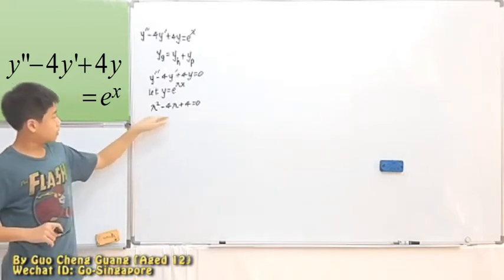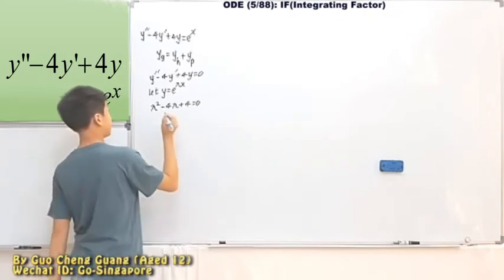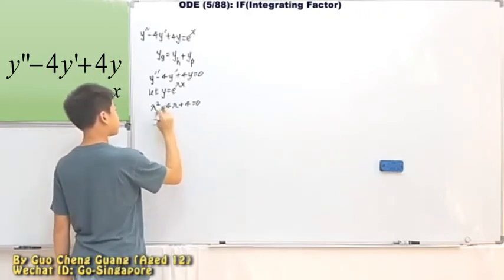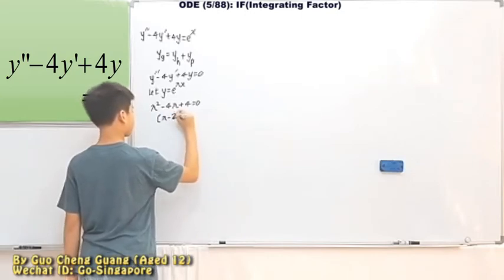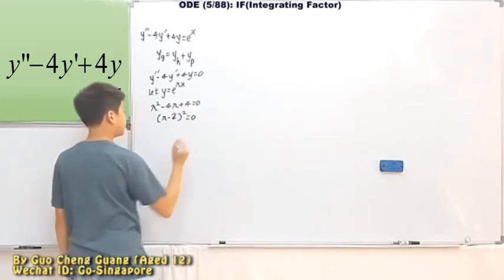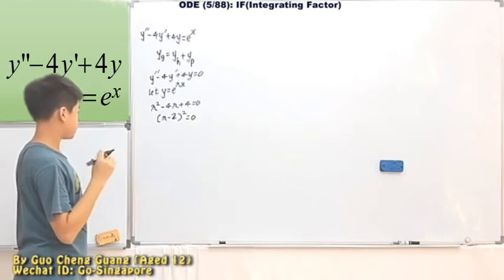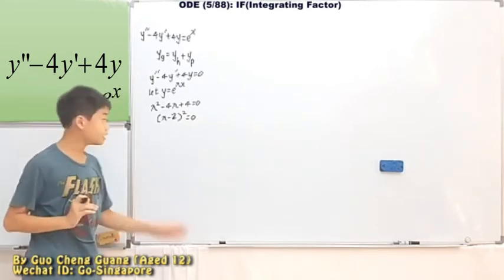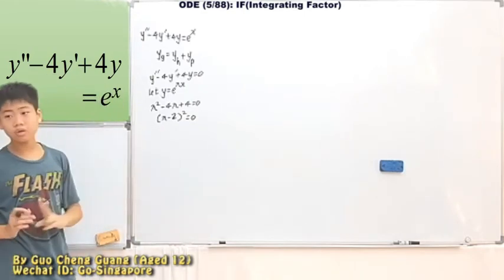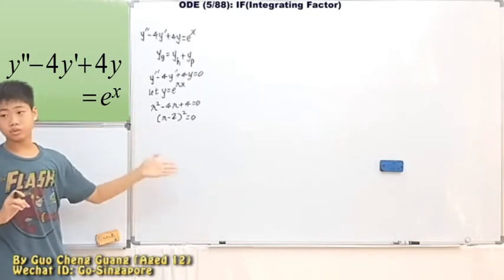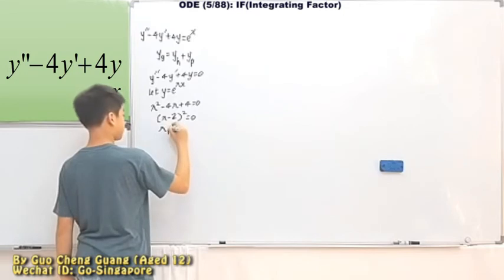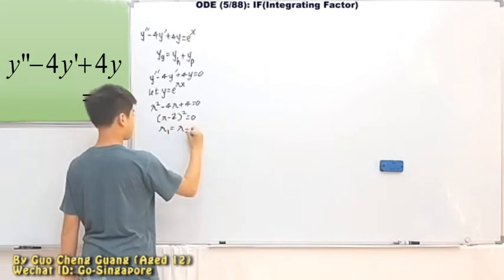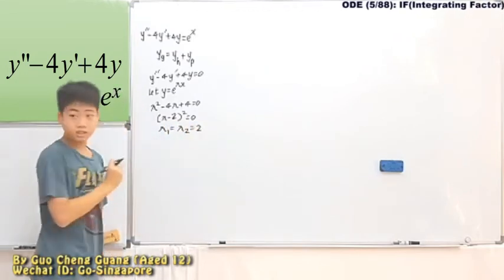Let's factorize this. Then we find it is lambda minus 2 squared. That means this lambda, although it has 2 roots, they're still the same. But we have to write it down. So lambda 1 is equal to lambda 2, that is 2.